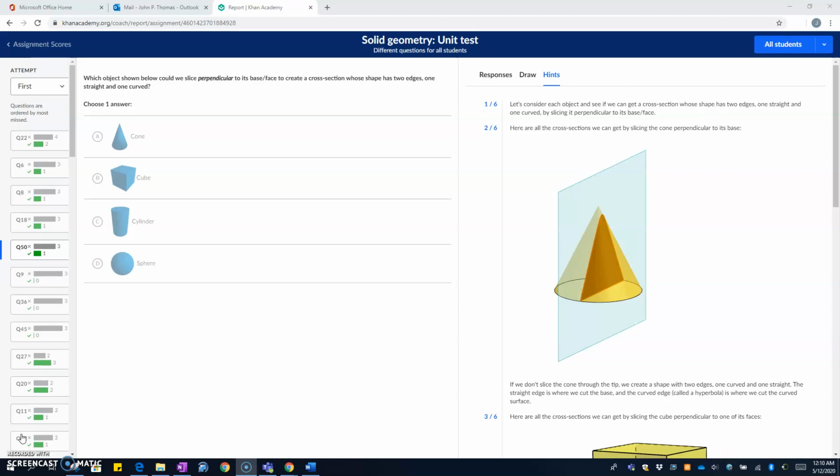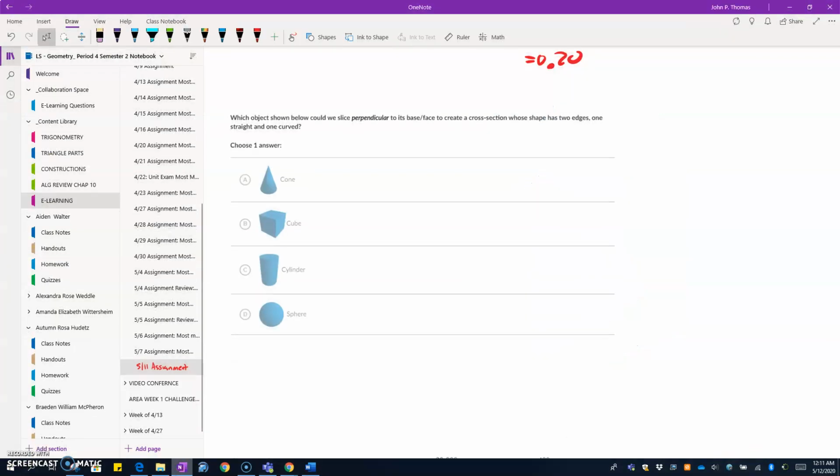Technically they're considering at the very peak it is like a very subtle curve, so they would consider this one included. So based off of that visual, the correct answer for this one is a cone, because again we have the straight line across the bottom, and then as we come up over the edge there, we're going to have a curve. But that visual really demonstrates that the best.